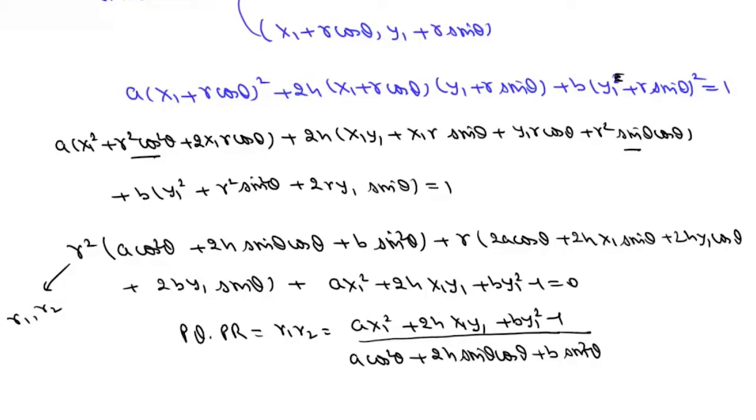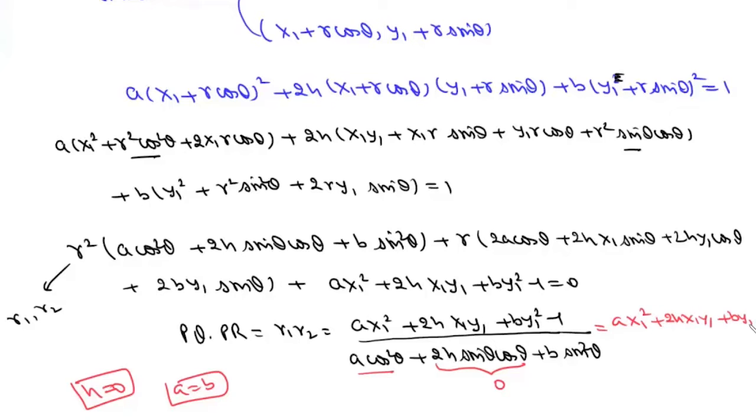Now it has to be independent of theta, and it will be independent of theta if this term is 0. So basically we'll get h equals 0, and if h equals 0 we'll get a cos square theta plus b sin square theta, and we can eliminate theta if a is equal to b. So if a is equal to b, then cos square theta plus sin square theta will be 1. So then it will be simply a x1 square plus 2h x1 y1 plus b y1 square minus 1 upon a plus b, which is independent of theta.